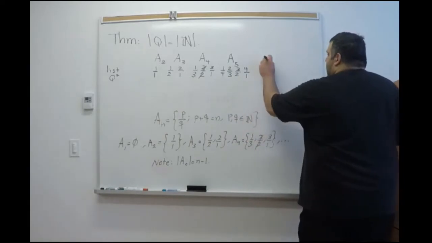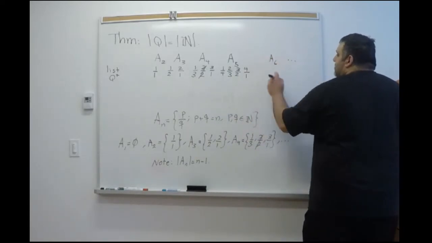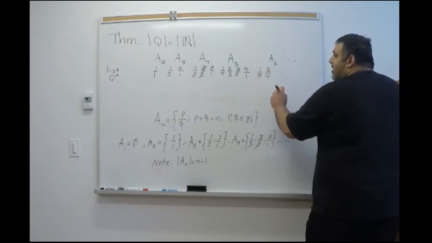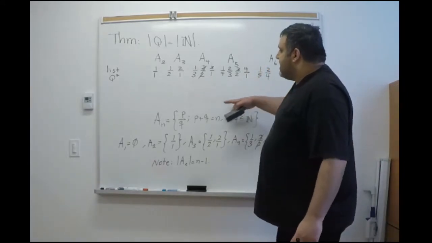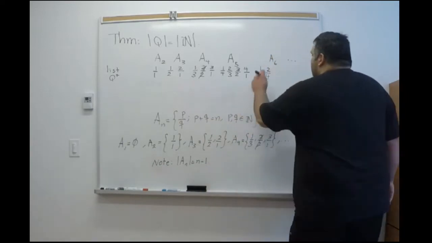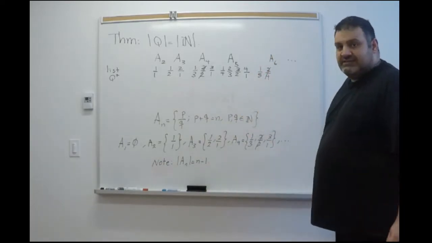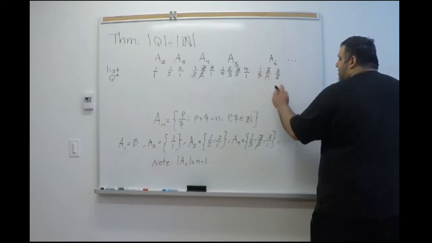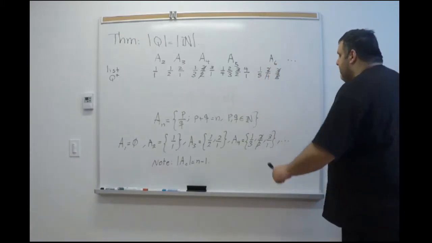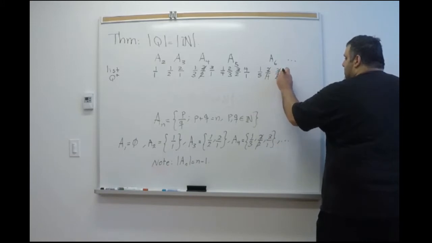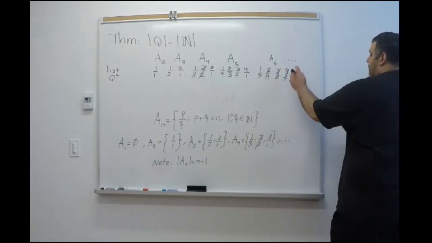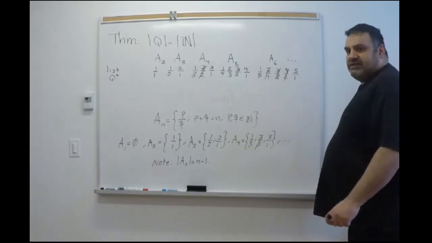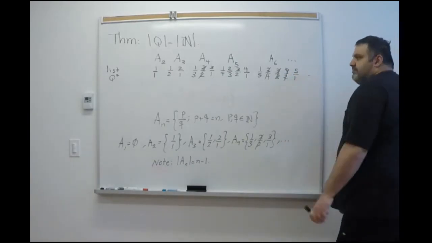On the other hand, if you come to A6, 1 over 5 is new, but 2 over 4 is not new. 2 over 4 is the same as a half. So you don't put this in your list. Then you have 3 over 3. Well, this is not new. 4 over 2, this is not new. 5 over 1 is new. So you keep these. And you continue.